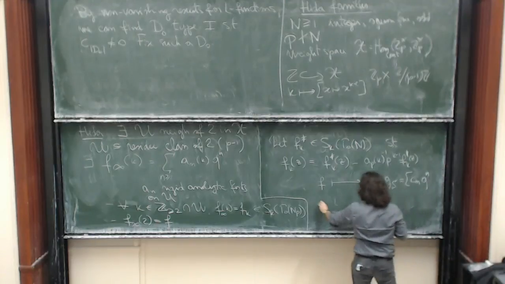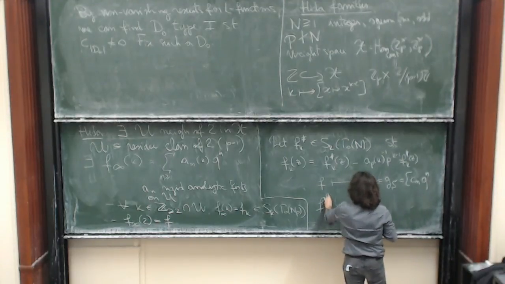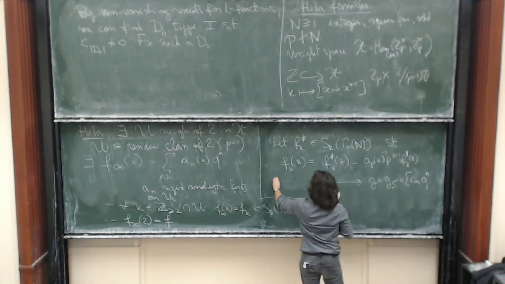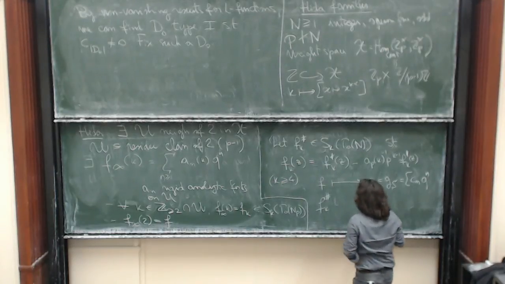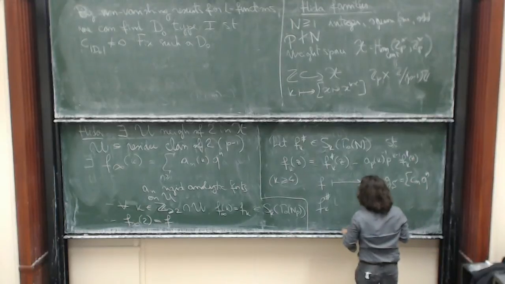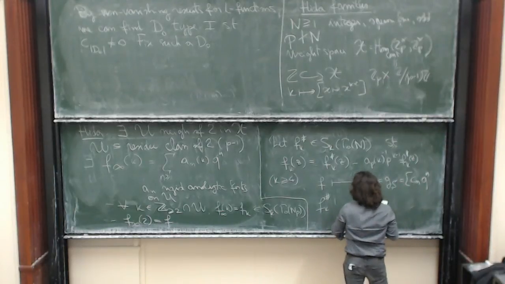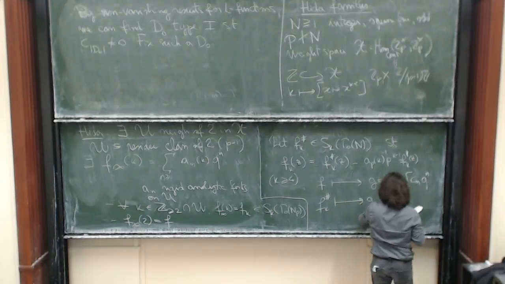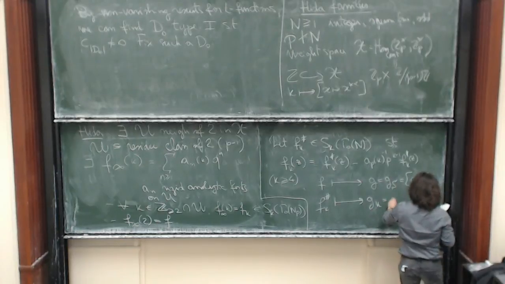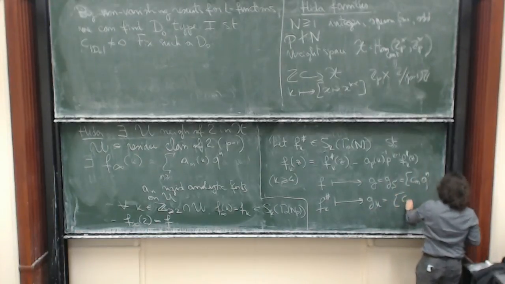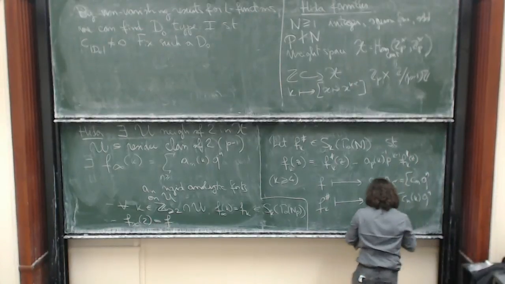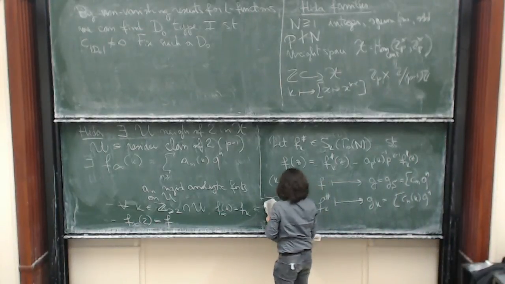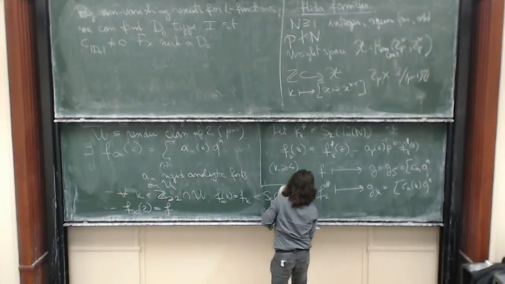And for each of these members f k sharp, with k here, of course, an even integer greater or equal than 4, we can associate this g k, which is the sum of c n k q to the n. So we have this lift. We can lift each member of the family.